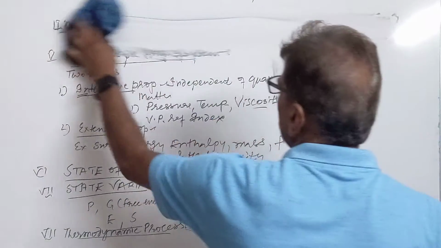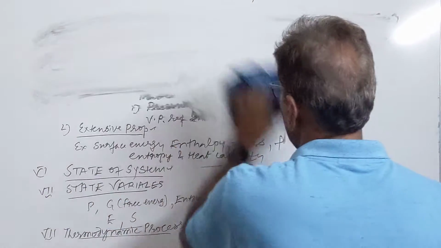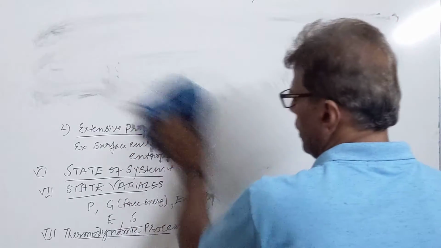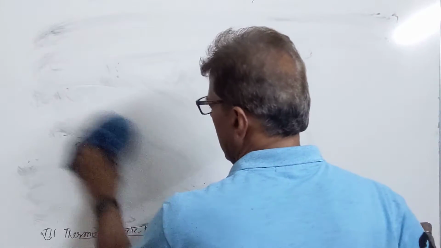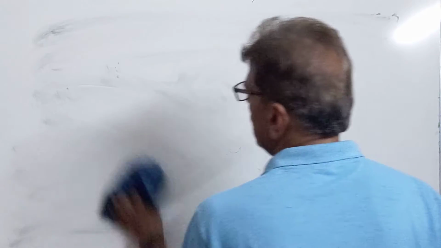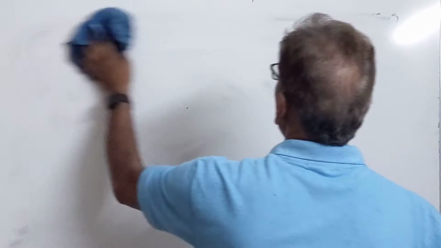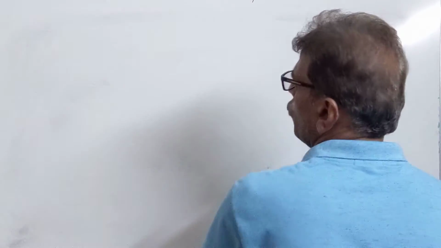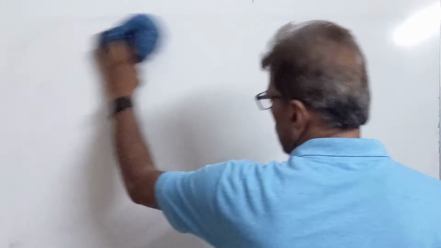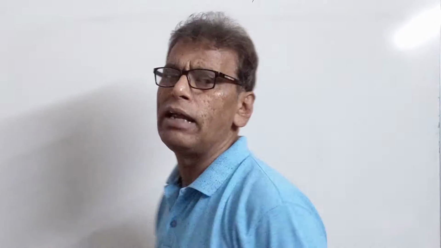The operations done under different conditions to change the state of the system are called thermodynamic processes. Since in these processes one condition has to be changed, other conditions are to be kept constant. So these changes are called thermodynamic changes or thermodynamic processes. They are of the following types.